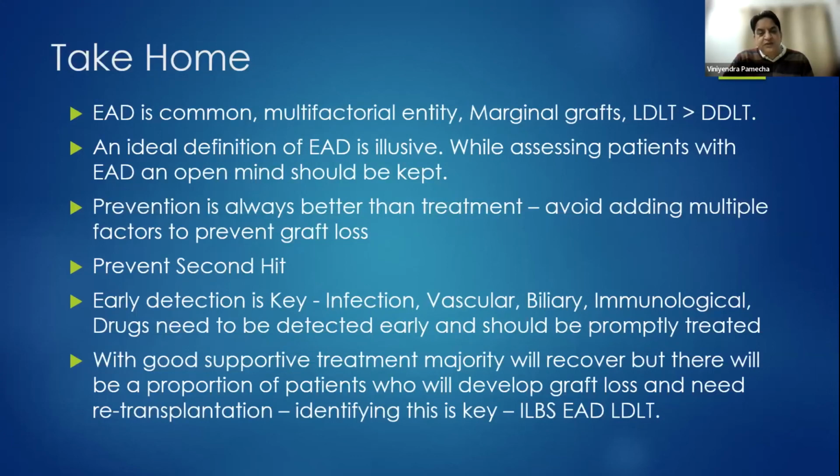They all need to be taken care of in order to avoid a second hit. Early detection is key, and all the modifiable factors should be aggressively treated. With good supportive treatment, the majority will recover, but there will be a proportion of patients who will develop graft loss and need retransplantation, and identifying this is key. Thank you very much.